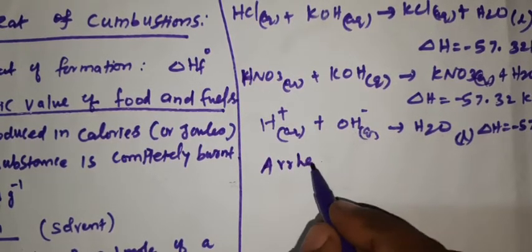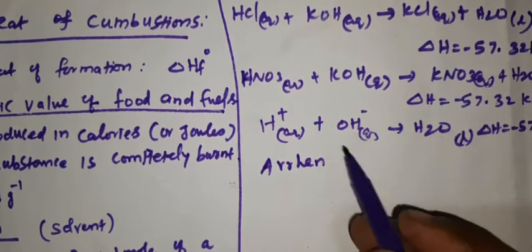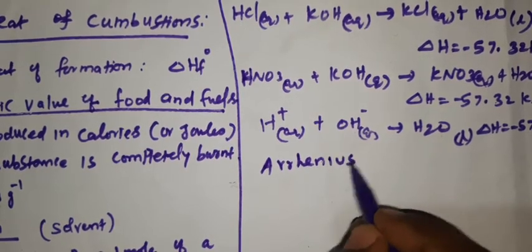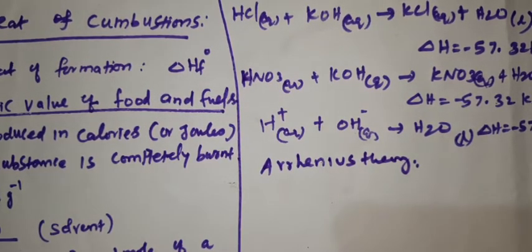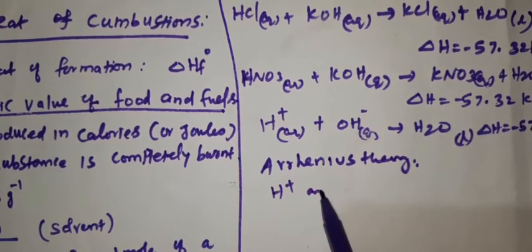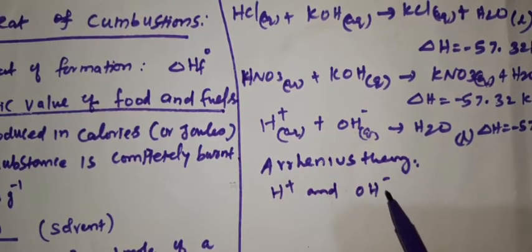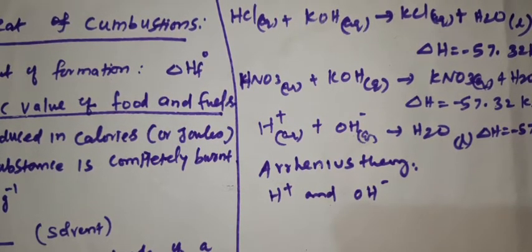This Arrhenius theory completely explains the reason for neutralization. It is the theory of acids and bases, which states that strong acids and strong bases completely ionize in aqueous solution to produce H plus and OH minus ions. When a strong acid and a strong base dissolve in water, they are completely ionized. Weak acids and weak bases are not completely ionized; instead, they ionize partially. So that is the reason.